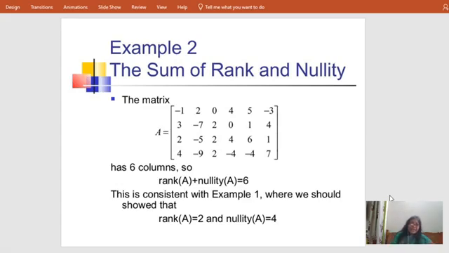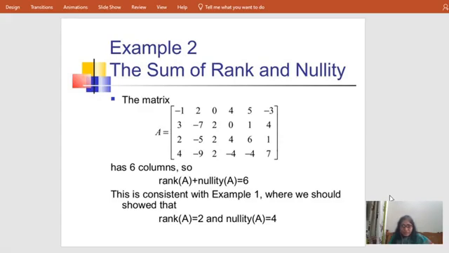And the nullity of A is nothing but the dimension of the null space, or the number of elements in the basis of the null space of the given matrix.